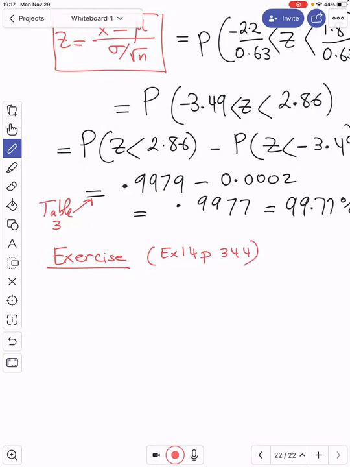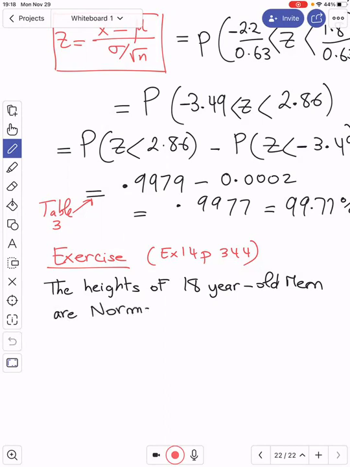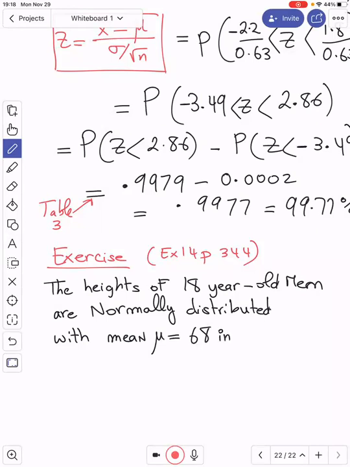It says the following: the heights of 18-year-old men are normally distributed with mean mu of 68 inches and standard deviation sigma of 3 inches.